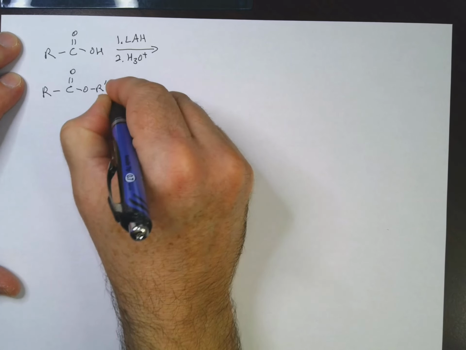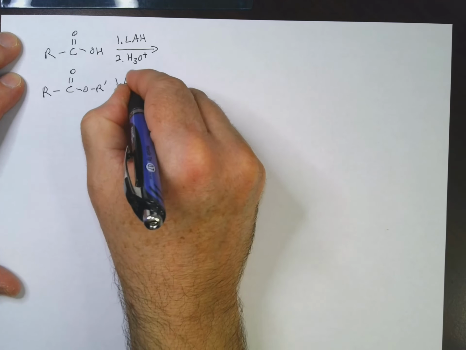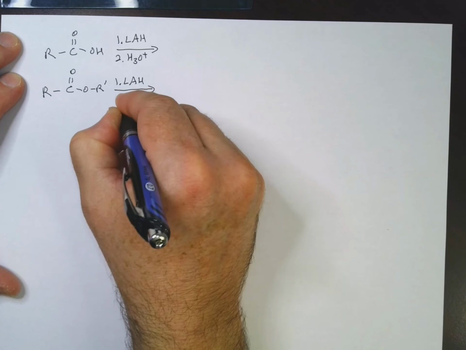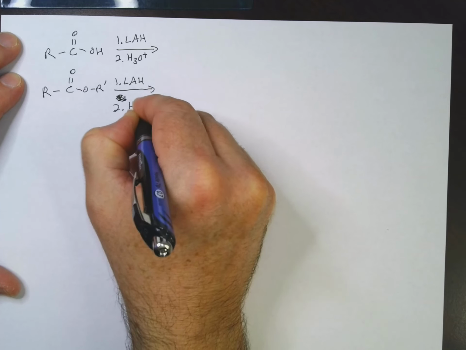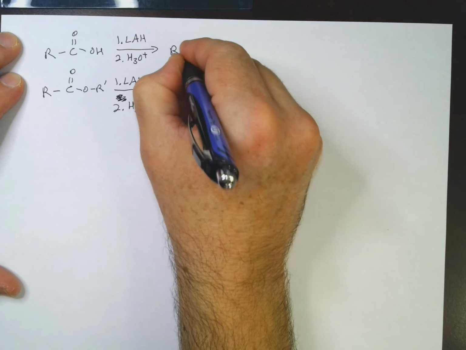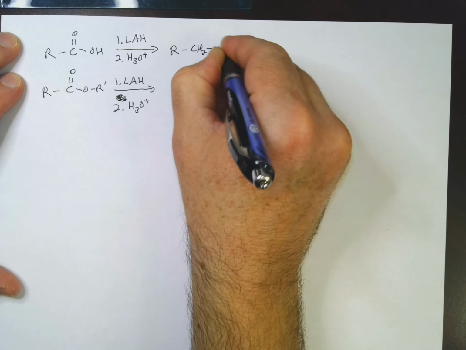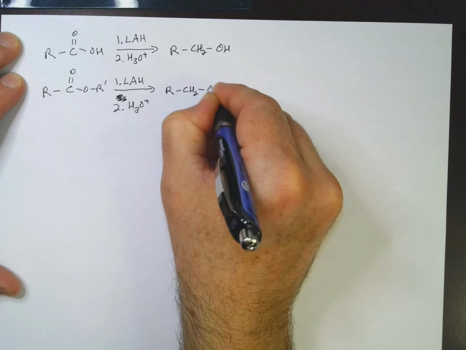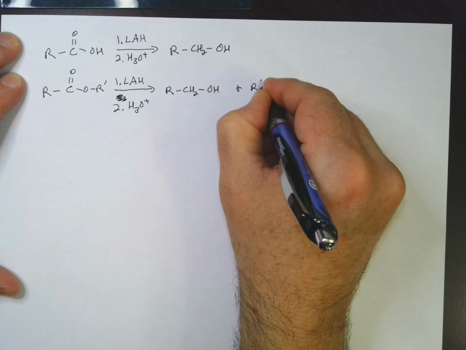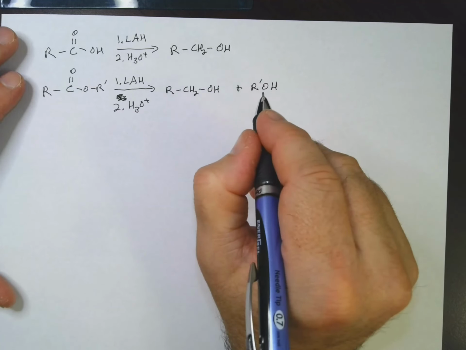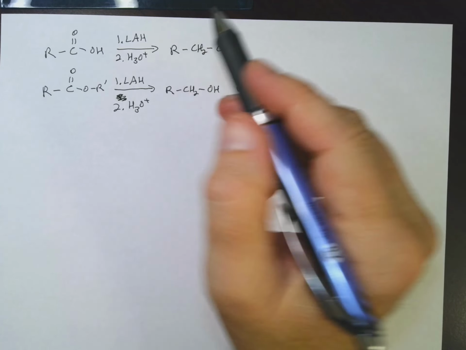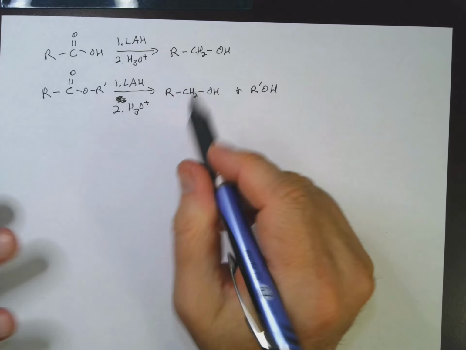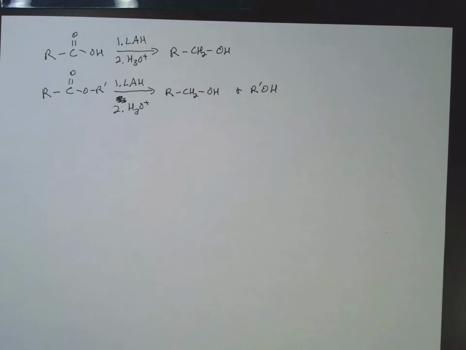They tend not to react as readily with sodium borohydride. That's a 2 there, 2. H3O plus. We'll get RCH2OH, and here we'll get RCH2OH plus R prime OH. We'll talk more about the reactions of these next semester in 12B.